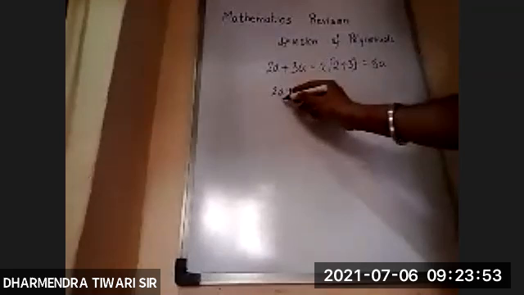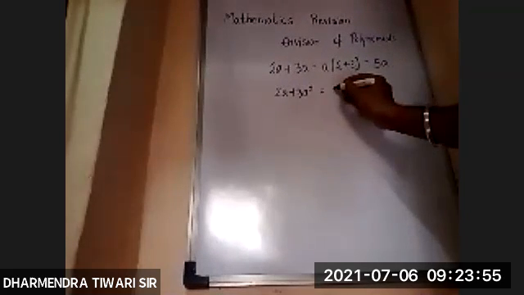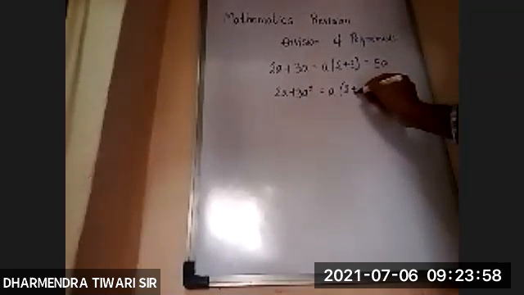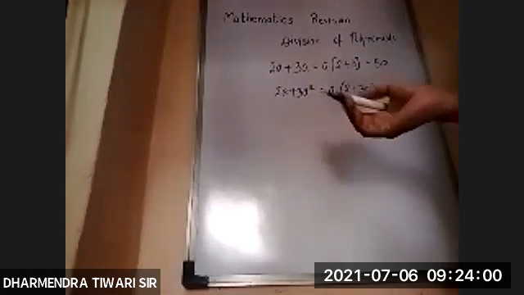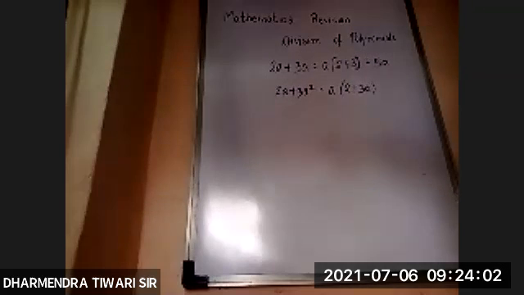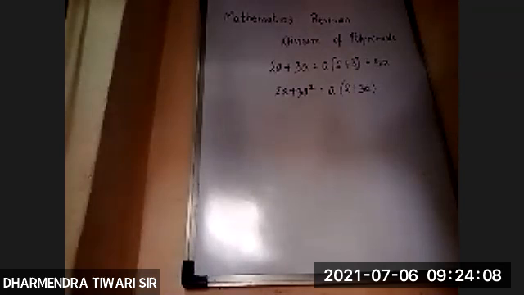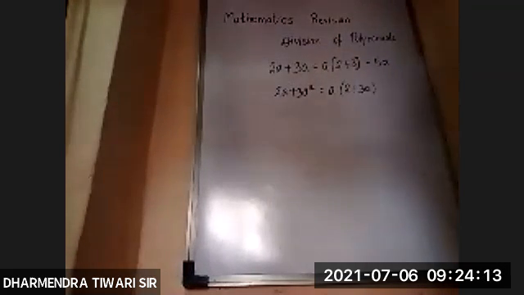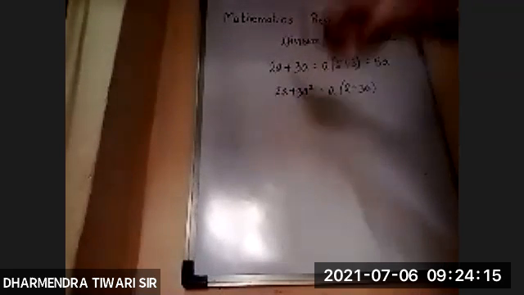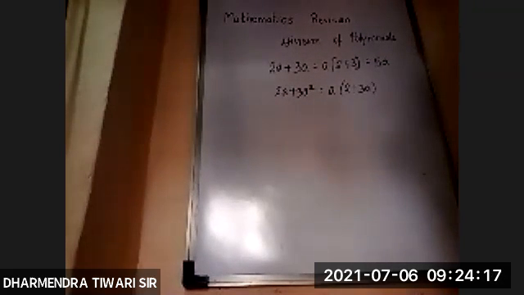Here it is a, here it is a square. So the answer will be a into 2 plus 3a. You can't merge them, as the variables have a different index. The index of the first variable a is 1; here the index of the variable is 2.